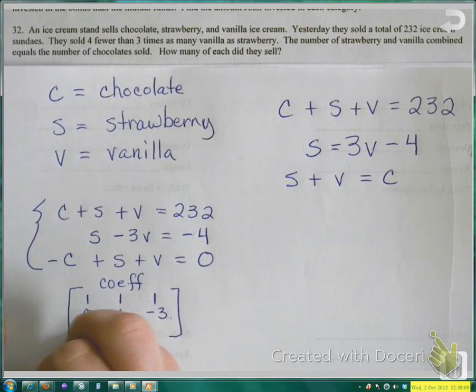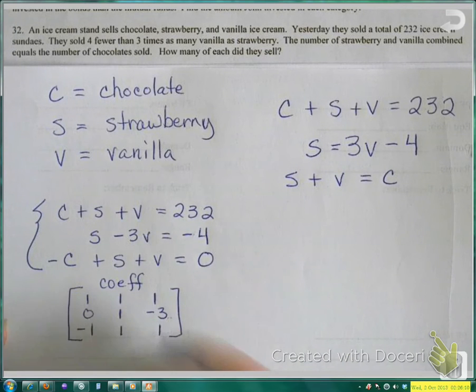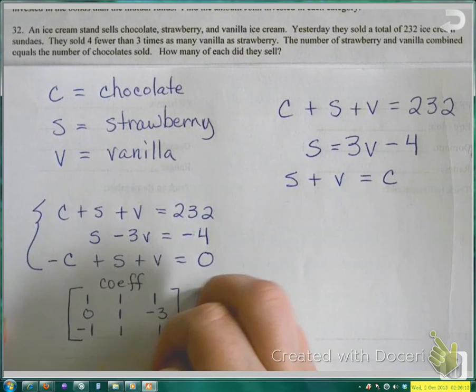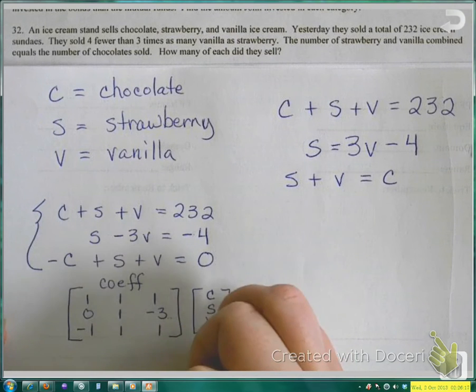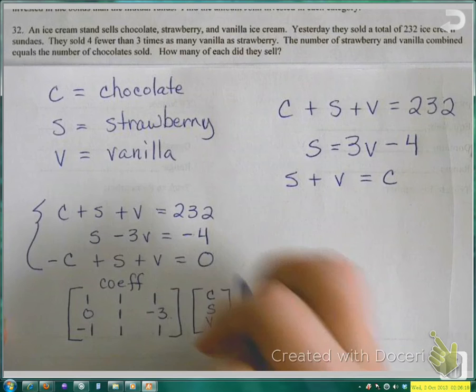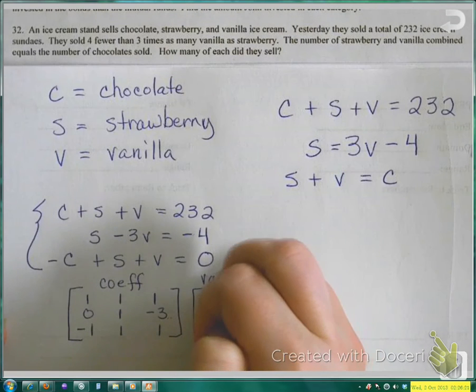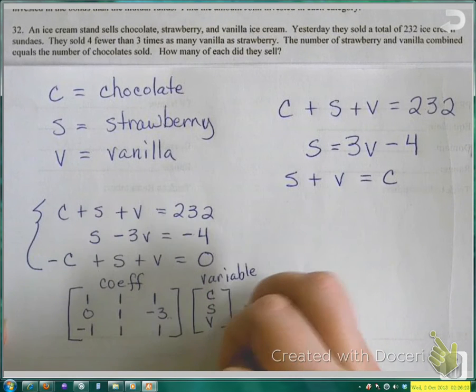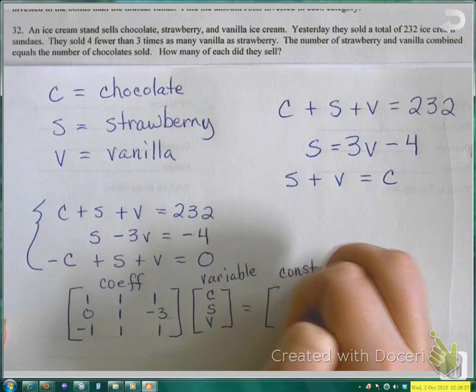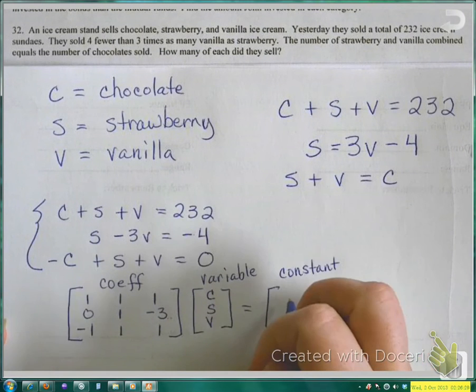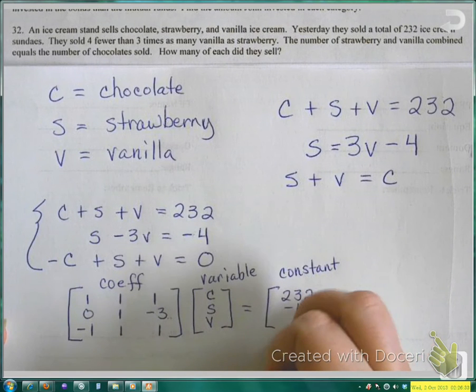And last equation, C, S, and V. Alright? Now let's make sure we've got these in order. I put the C first, the S, and then the V. So I'm going to put my variable matrix, and then that is equal to our constant matrix. So for the constant matrix, I have 232, negative 4, and 0.